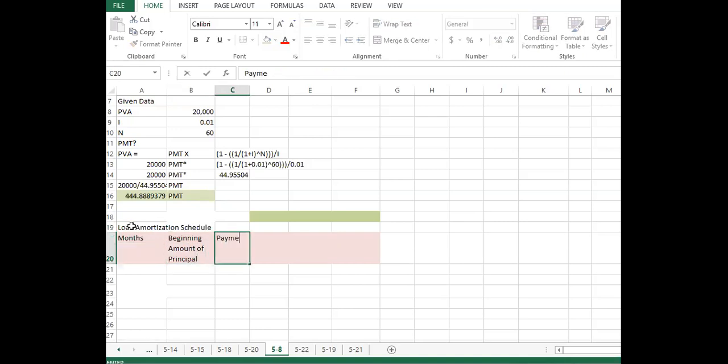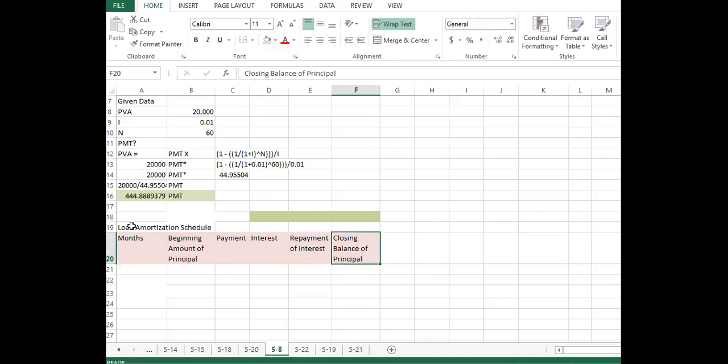The third column shows payment. The fourth column shows interest. The fifth shows repayment of principal, and the last column shows the closing balance of principal. Okay.